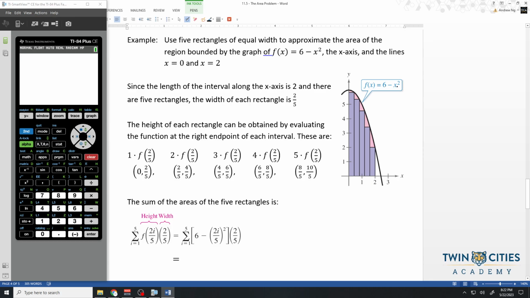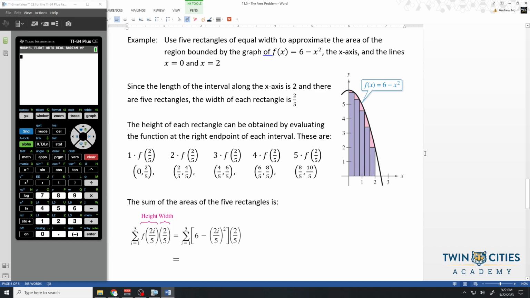So I plug in 2 fifths to my x, and I find the height here. The next one would be at 4 fifths, or 2 times f of 2 fifths. At 4 fifths, I would have this height, and then times the width, 2 fifths. Then the third, then the fourth, then the fifth.